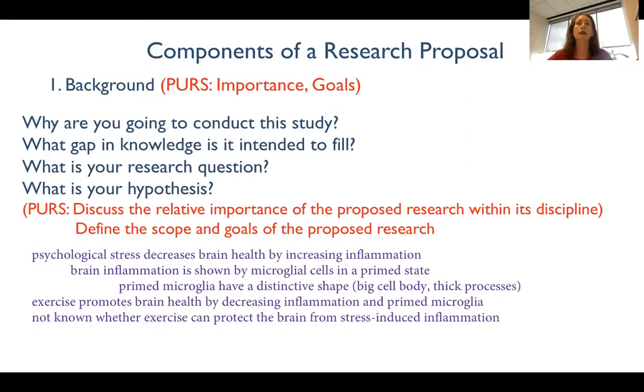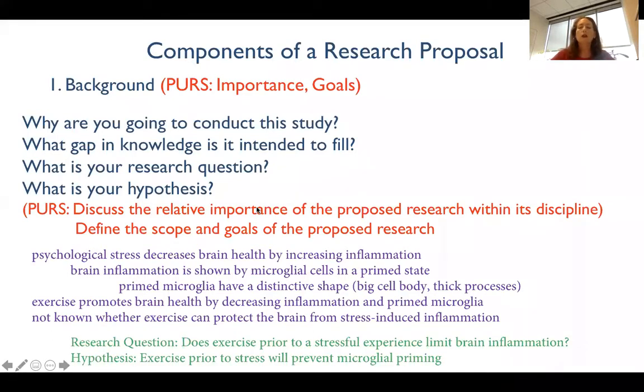And it does that in a lot of ways, but relevant to inflammation, it does that by decreasing inflammation and decreasing primed microglia. And so what we don't know yet, and the reason Pierce wrote his PERS proposal, was that we don't know whether exercise can protect the brain from stress-induced inflammation.